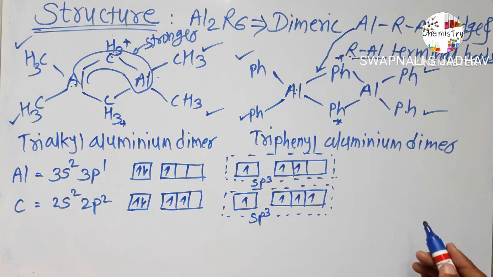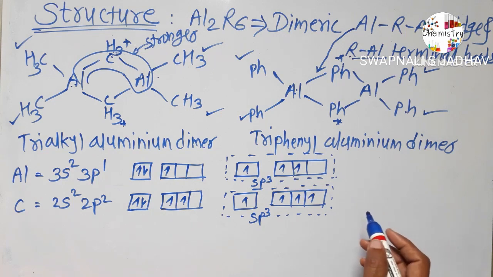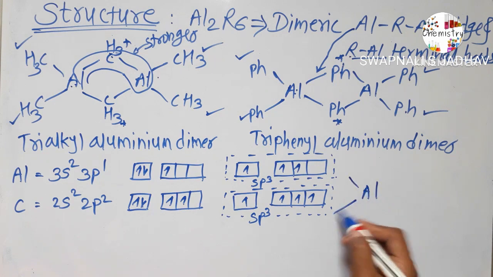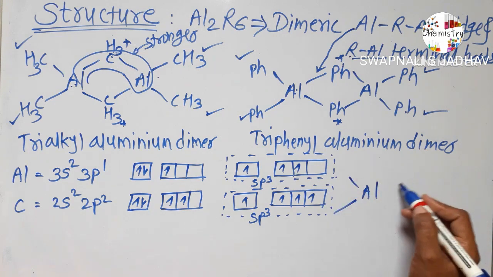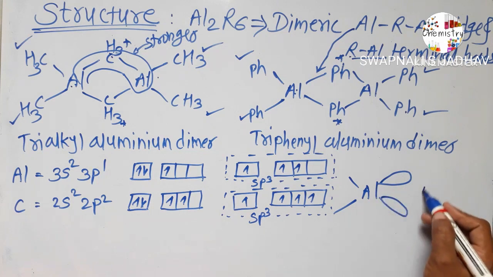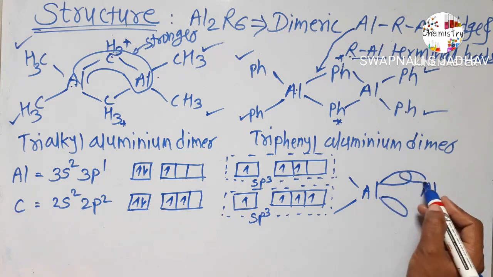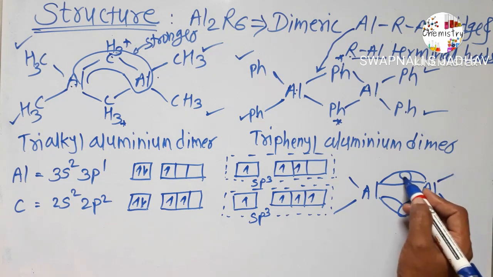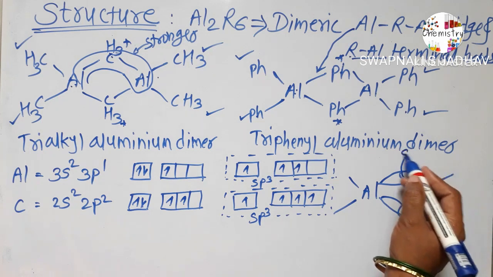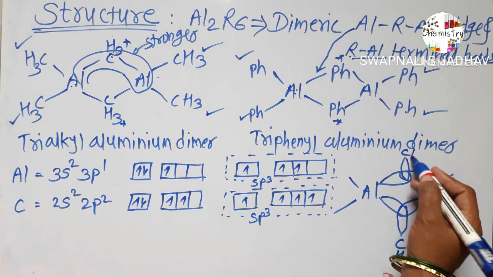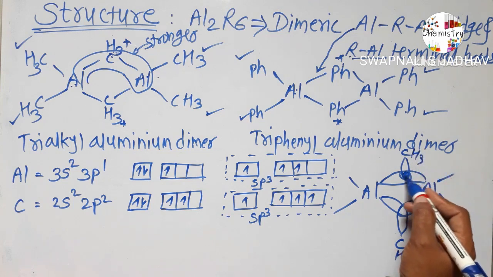Here also there is formation of a 3-centered 2-electron bond: the orbital of aluminium, the carbon, and the CH3.